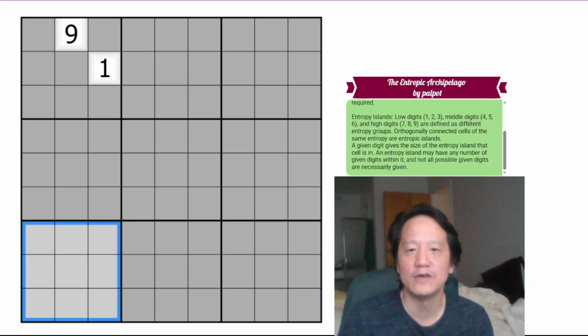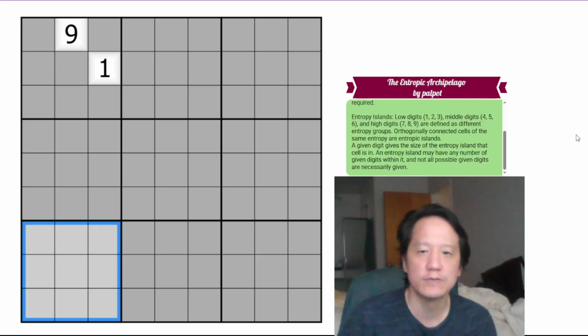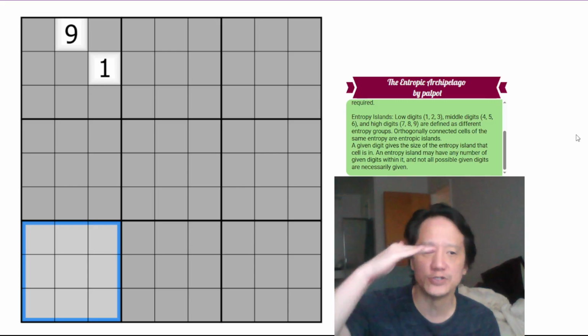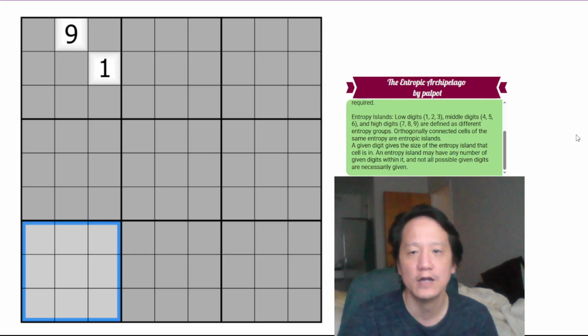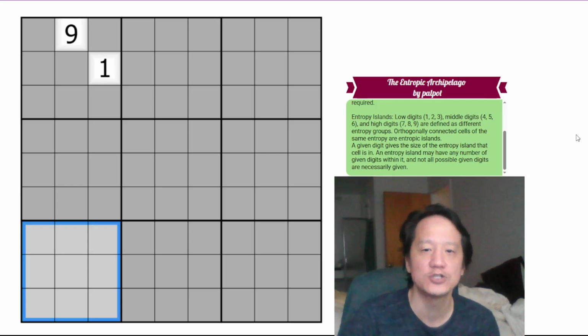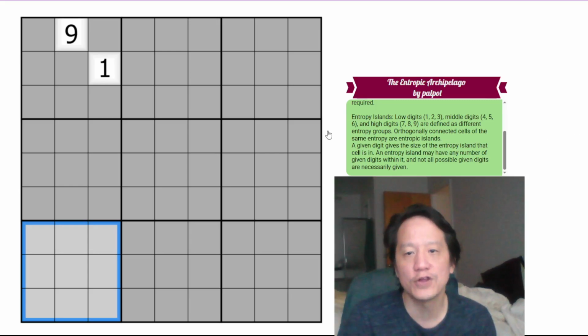We also have entropy islands, where low digits 1, 2, and 3, middle digits 4, 5, and 6, and high digits 7, 8, and 9 are defined as different entropy groups. Orthogonally connected cells of the same entropy are entropic islands.